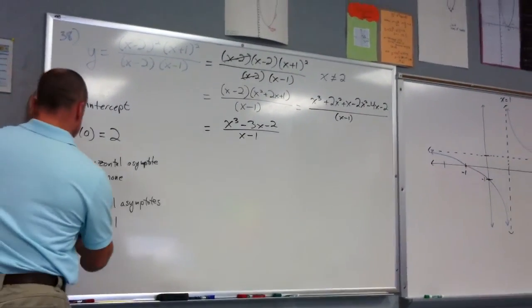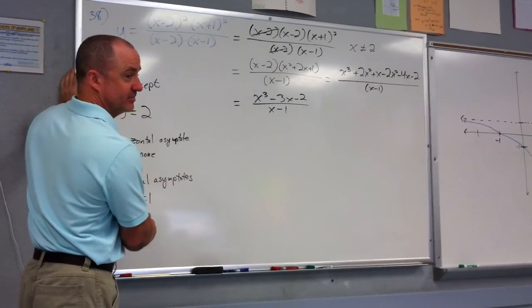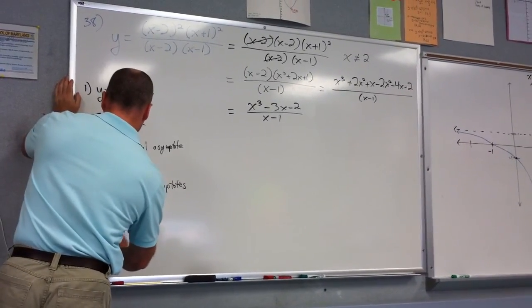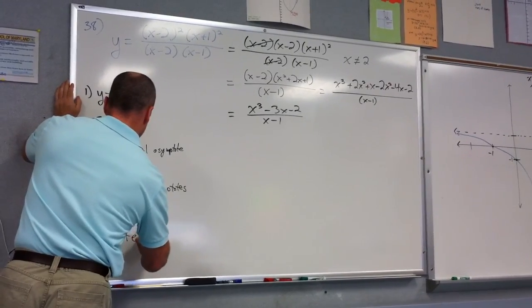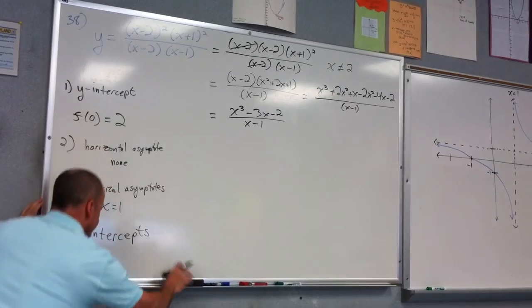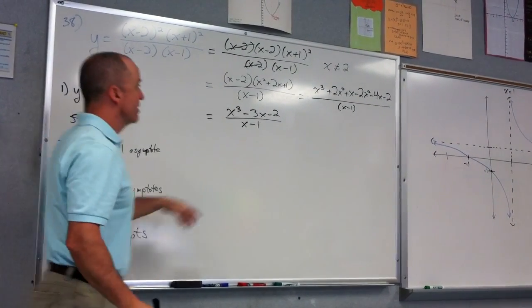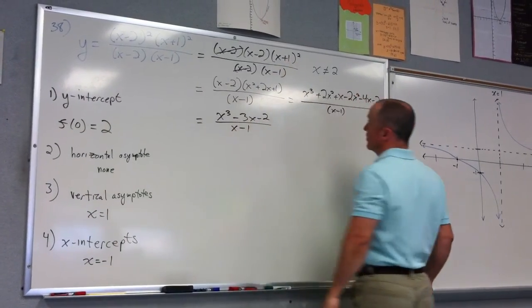Okay. 4 is x-intercepts? Yep. Okay. There's one at x equals -1, gives me a 0 in my numerator.